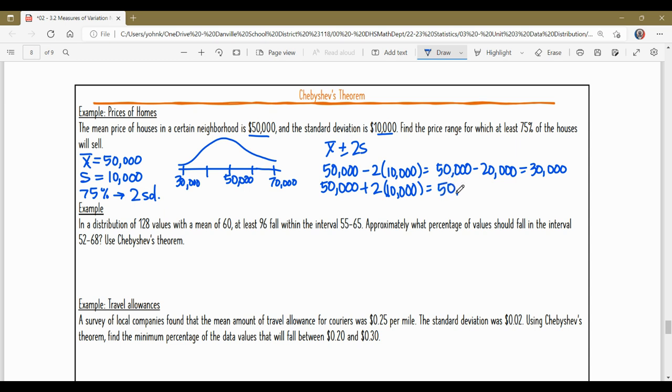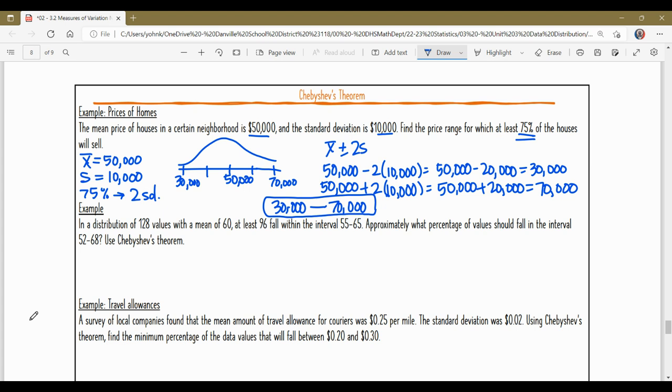That gives me 50,000 plus 20,000. That gives me 70,000. So either way, I'm looking between 30,000 to 70,000 is where I will find 75% of the numbers. Notice I have no idea what any of the numbers are. All I know is what the mean and standard deviation is. But with that mean and standard deviation, I can plus or minus 2 standard deviations and find 75% of the numbers.